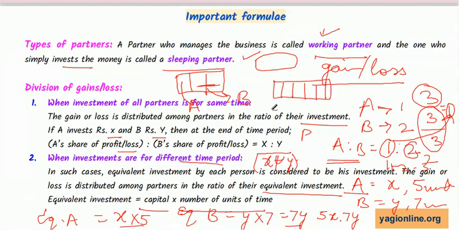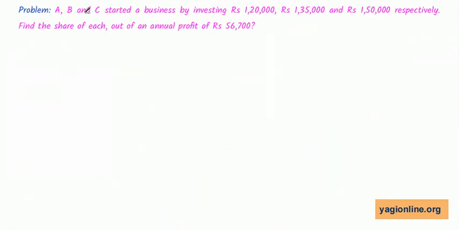Now we'll solve some problems on it to understand these formulae better. So look at the first problem. It says that A, B and C started a business by investing 1,20,000 rupees, 1,35,000 rupees and 1,50,000 rupees respectively.